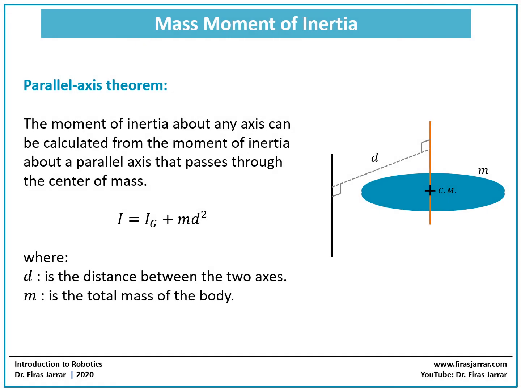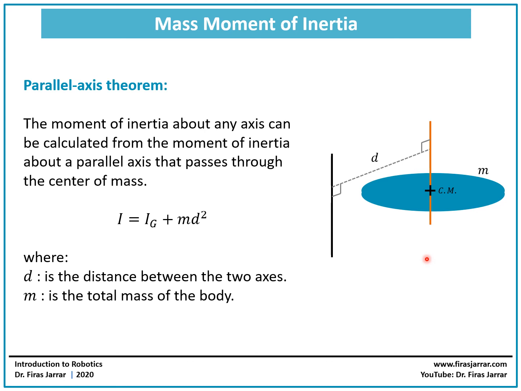The parallel axis theorem is also an important theorem. It is useful for finding the mass moment of inertia about an axis other than the one that passes through the center of mass of the object.